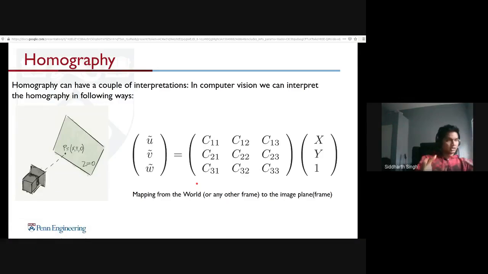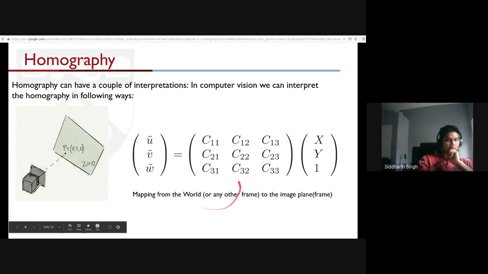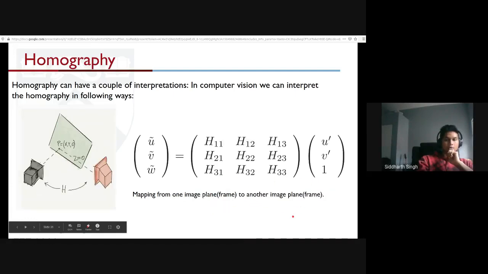As I said, there can be interpretations of homography. In the vision world, we talk about mapping from the world to the image frame, or any other frame to be exact. It's just a mapping, right? Another way of interpreting is from one image plane to another image plane.